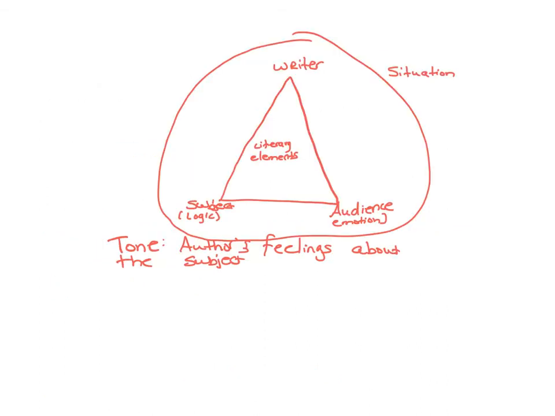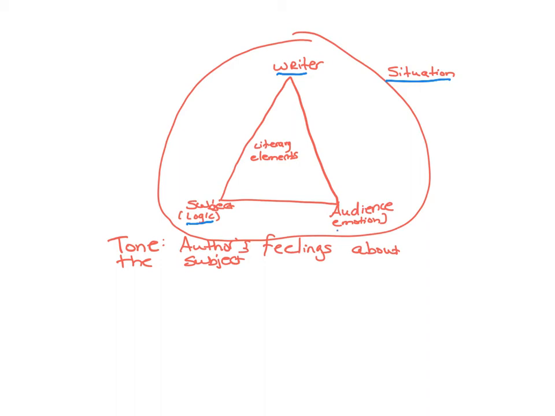The reason that the denotation and the connotation is so important is because of our rhetorical triangle. Remember this from last 9 weeks. We're not done with it. Okay? You have your writer who looks at the situation, and he goes, okay, what logic do I need to use to accomplish my purpose?